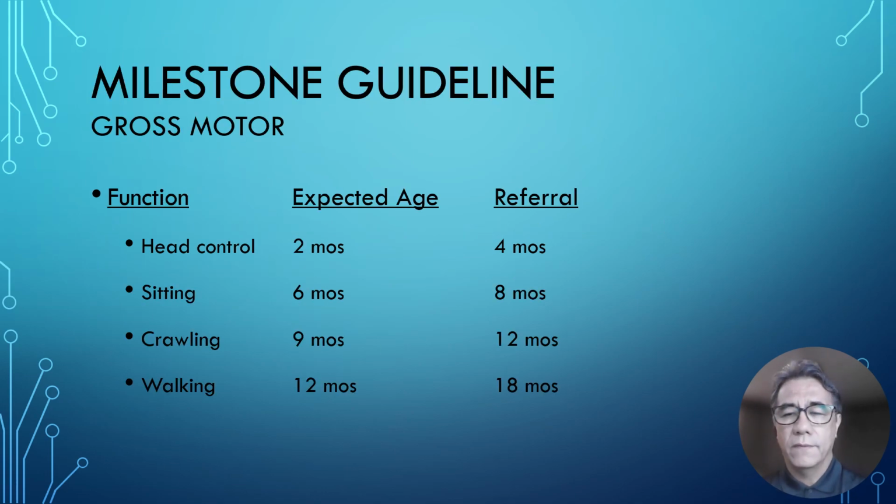Try to review these milestones from gross motor, head control around 2 months, sitting around 6 months, crawling at 9 months, walking at 12 months. Rolling over in between is around 4 months of age.